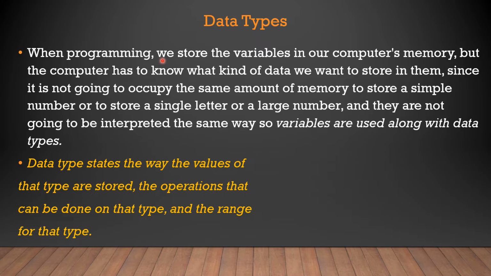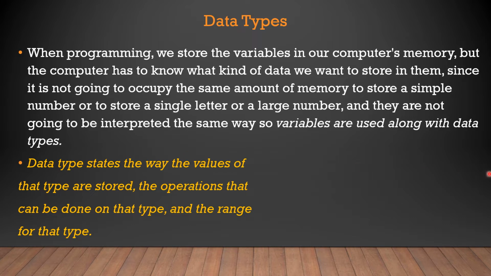When programming, we store the variables in our computer memory, but the computer has to know what kind of data we want to store in them, since it is not going to occupy the same amount of memory to store a simple number or to store a single letter or a large number, and they are not going to be interpreted the same way. So variables are used along with data types. As we discussed in the declaration of variables, whenever we are going to declare the variable, we are also going to specify its data type.